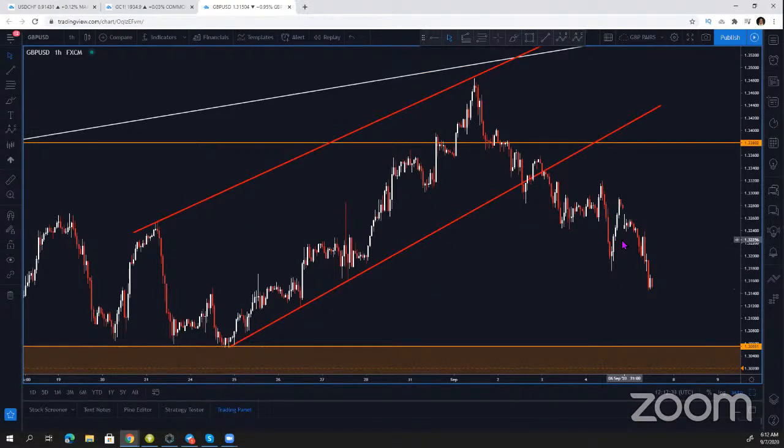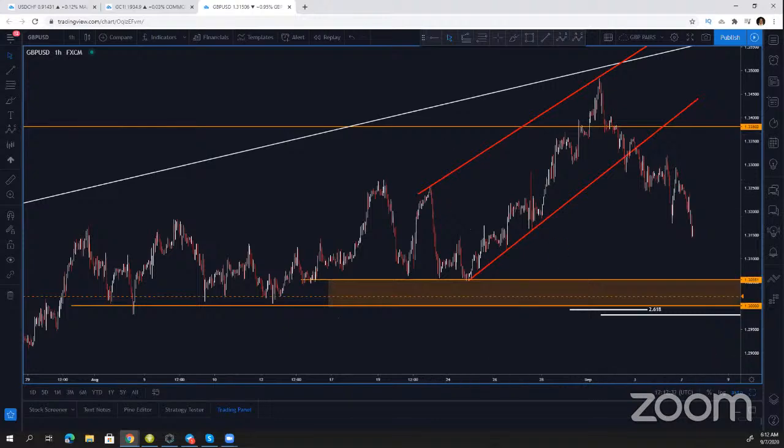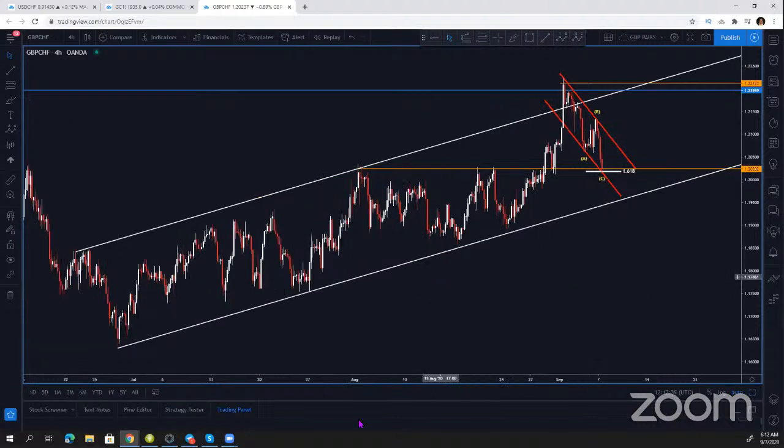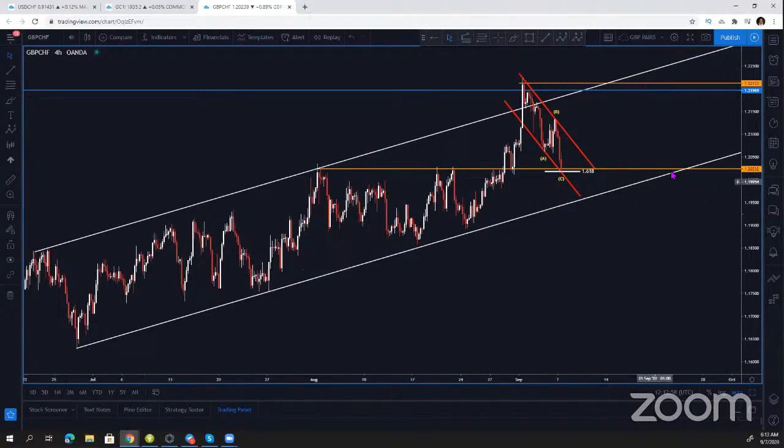No, it doesn't matter. I don't trade channels, right? Let's go back. I really don't trade channels. I draw them just to visualize the structure that we're trading in, and a break of structure or something like that. But it doesn't matter, to me at least, if price touches or tests the channel, right?